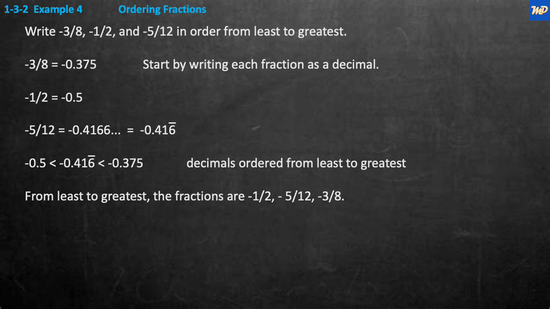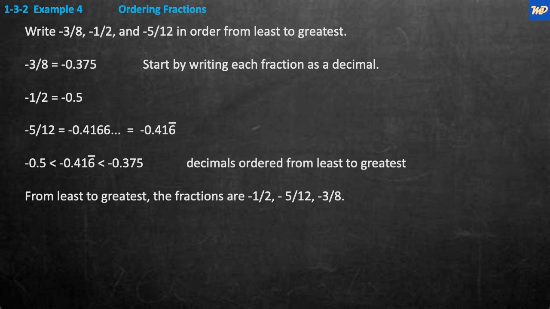Okay? So example 4, ordering the fractions. Based on what we just learned, let's write negative 3/8, negative 1/2, and negative 5/12 in order from least to greatest. Least is on the left, greatest is going to the right, right? So we're going to write them in decimal form because it suggested that on the previous slide.